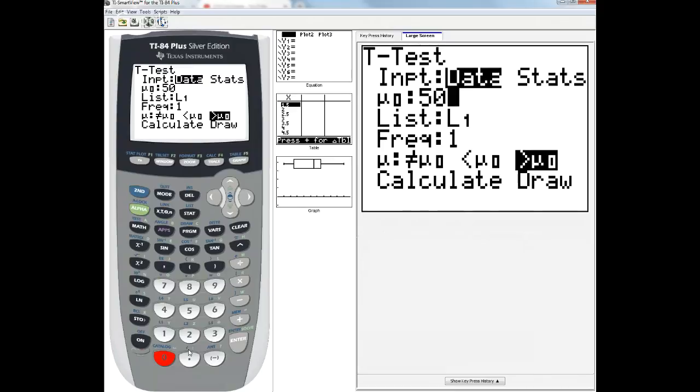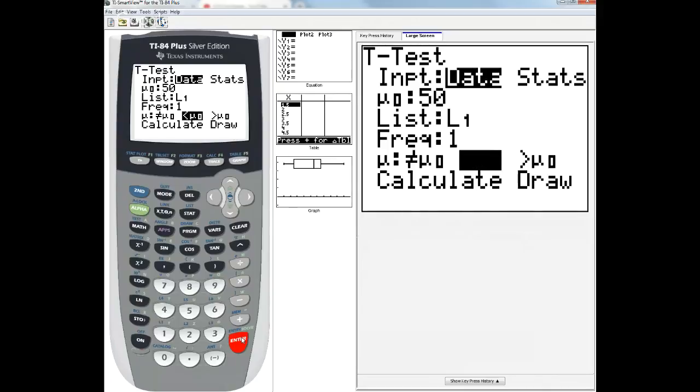So in this problem, the radio station claimed to play 50 minutes of music an hour. We're suspicious of that, so mu sub 0 has got to be 50. Data's in list 1. Keep the frequency at 1. This should be a less than, because we think that, again, they're playing less than 50 minutes.